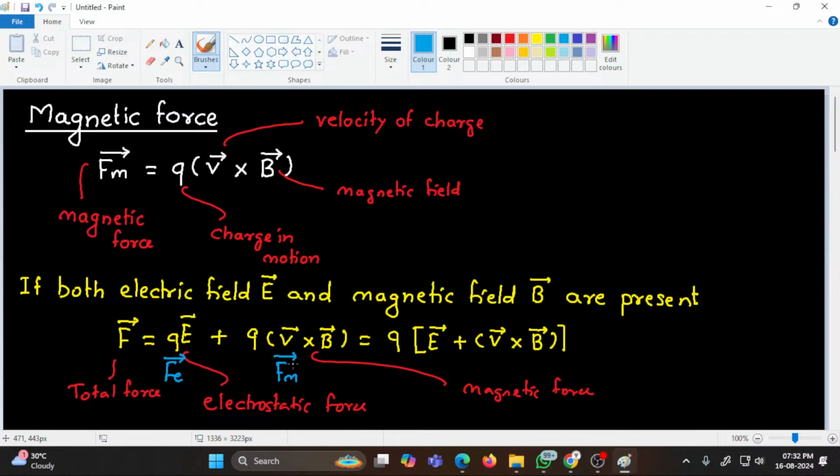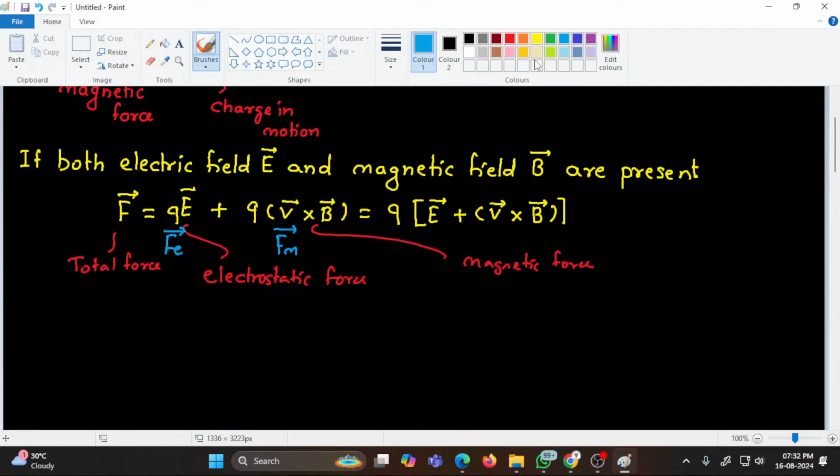There are interesting consequences of the Lorentz law. If the velocity v bar of the charged particle is parallel to the magnetic field b bar, then magnetic force is zero, and if the charge is stationary, then also the force is zero, even if b bar is not zero. तर हा जो फोर्स है मैग्नेटिक फोर्स, which is given by Fm bar, that is equal to Q in bracket V bar cross B bar.